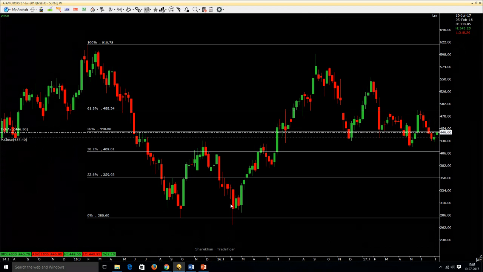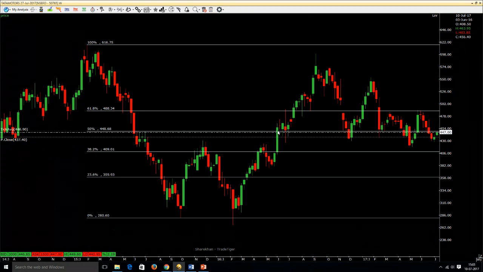So it retraces back, and when it goes back to its original price, then from there it retraces back. It finds some kind of resistance again at the 38.2% level, but after a few weeks it breaks that level. Whenever it breaks that level, the immediate target would be the 50% retracement.